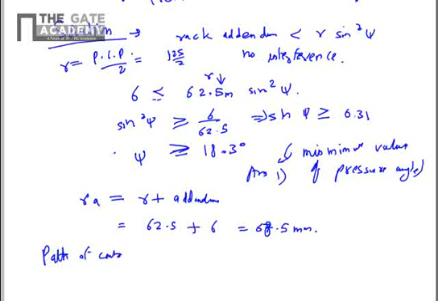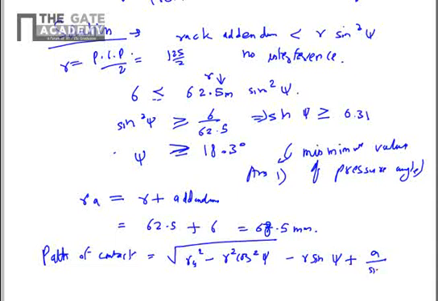So path of contact was square root of RA square minus R square cos square xi, minus R sin xi, plus A, that is addendum, divided by sin xi. So you know all of these values.